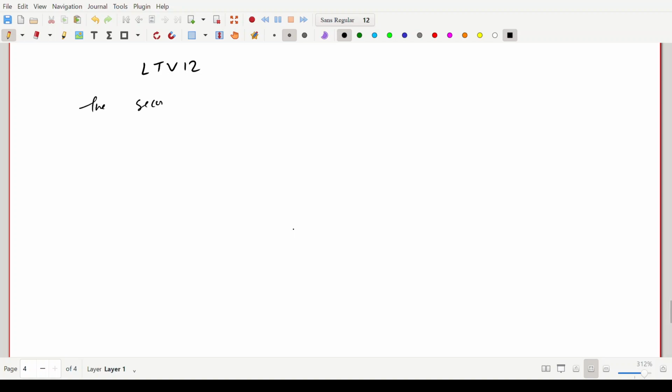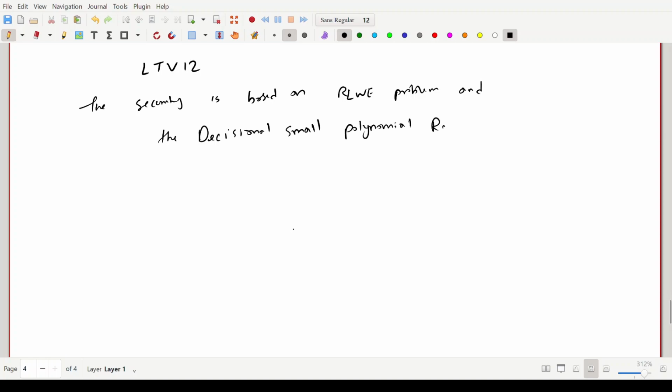The security is based on RLWE, and the RLWE problem I have already discussed, and decisional small polynomial ratio, DSPR.